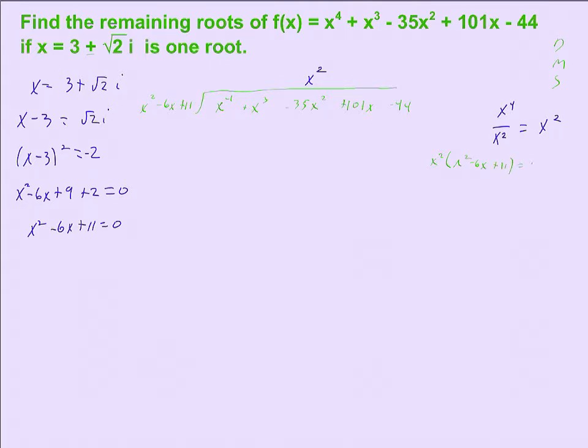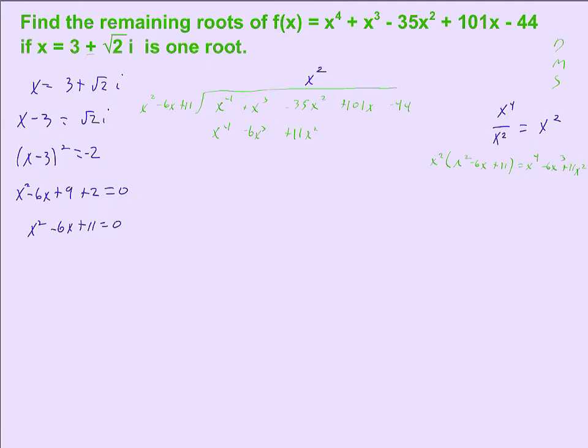It's just distributing. I know it's distributing to a trinomial, so there's a little bit more, but all the steps are the same. x to the fourth minus 6x cubed plus 11x squared.